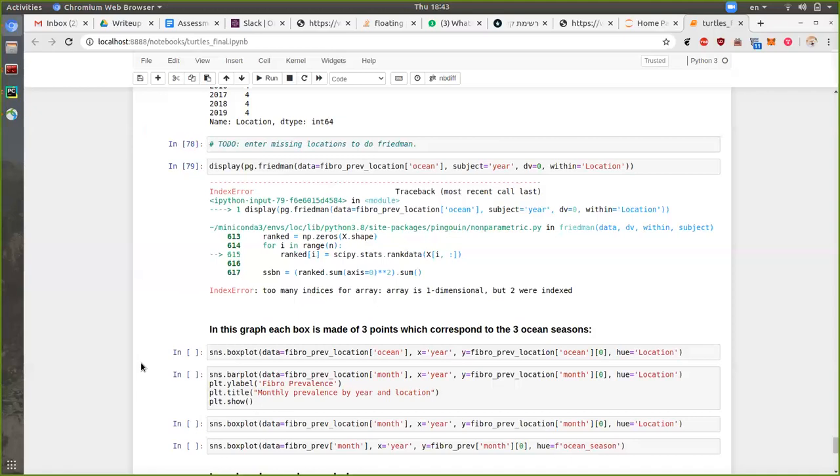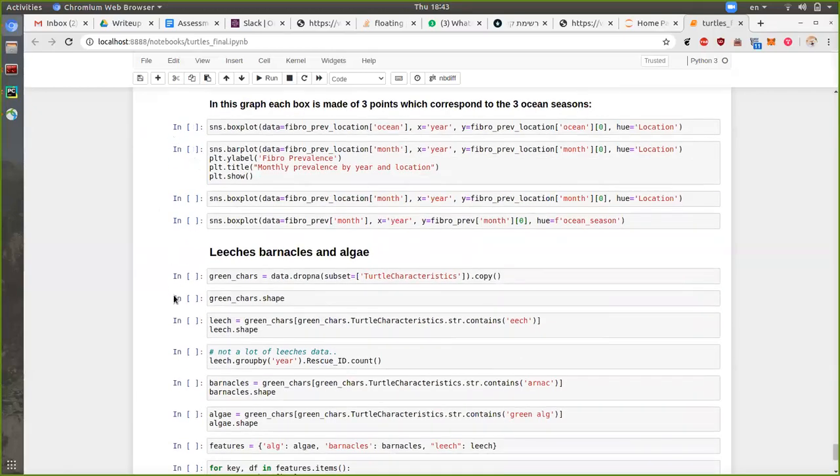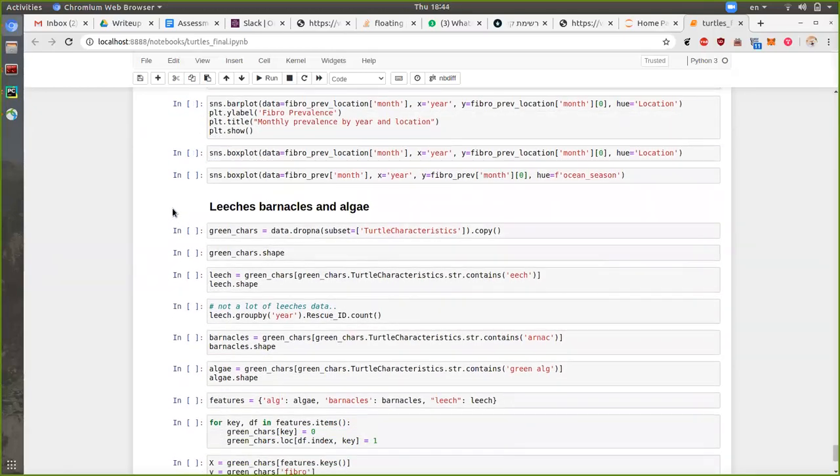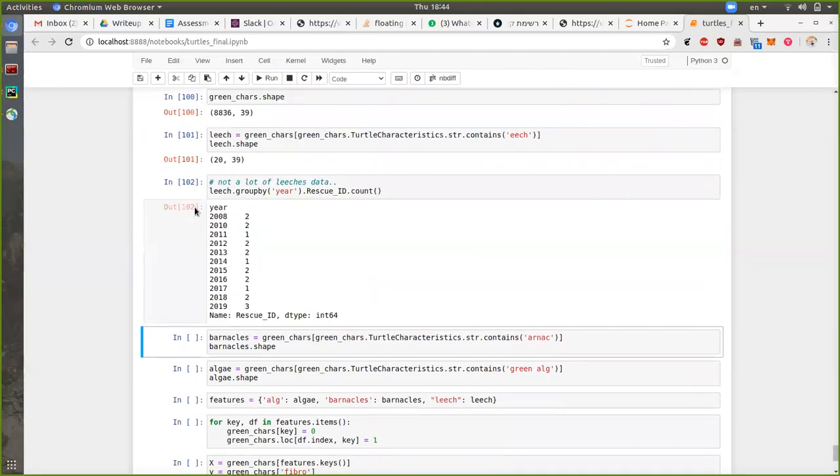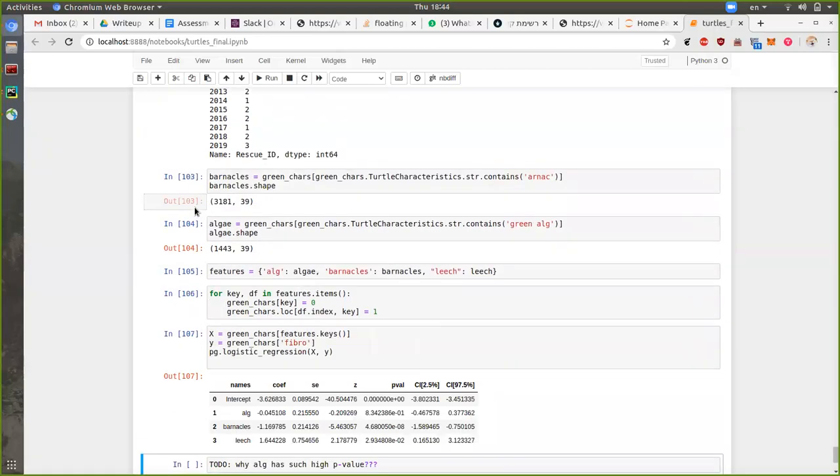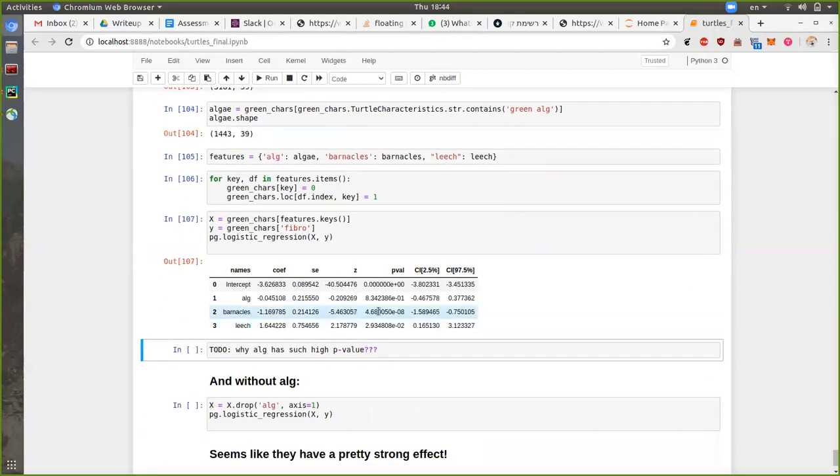What else? Oh, the leeches and stuff. Nothing new here, still the same issues. We have a very high p-value on algae for some weird reason. Insignificant. You know how I said to concentrate on the green algae?